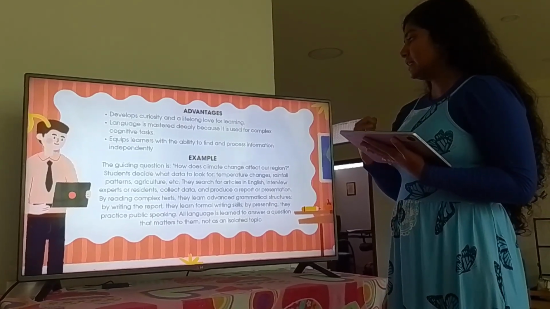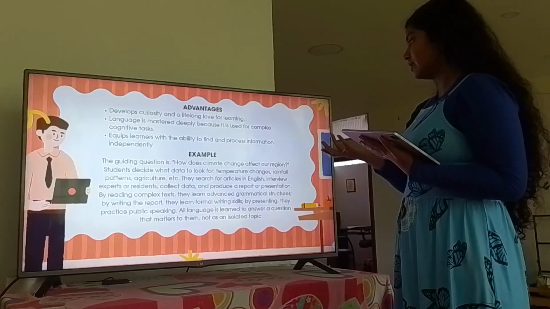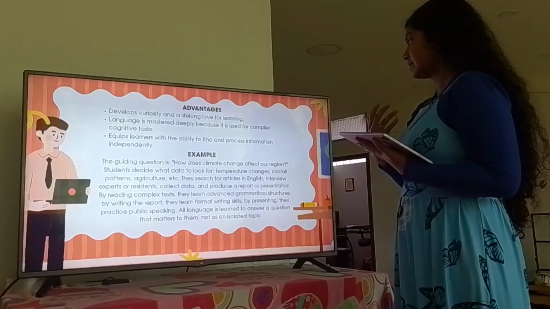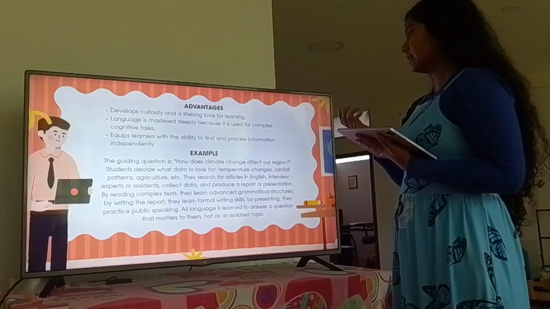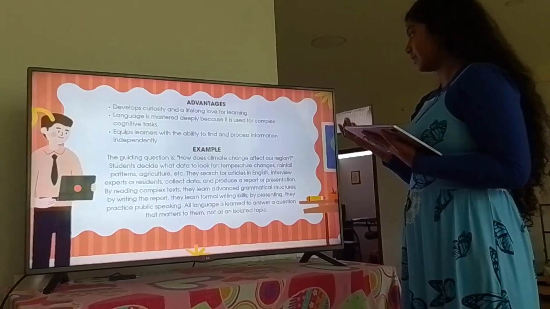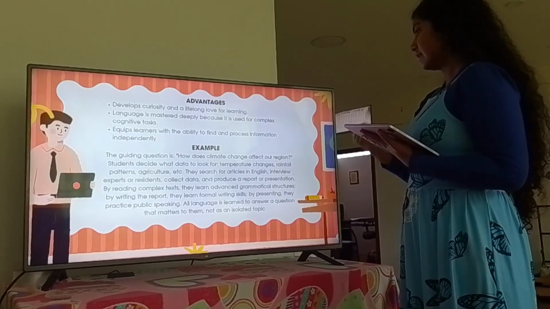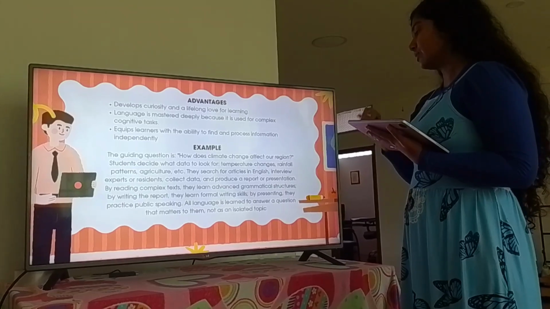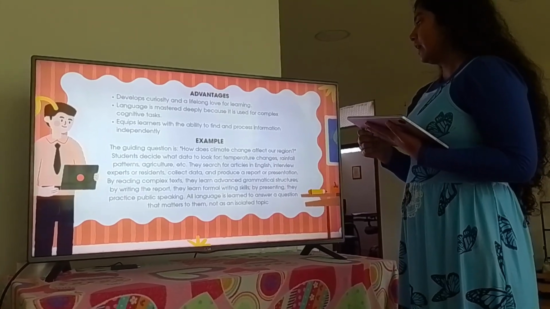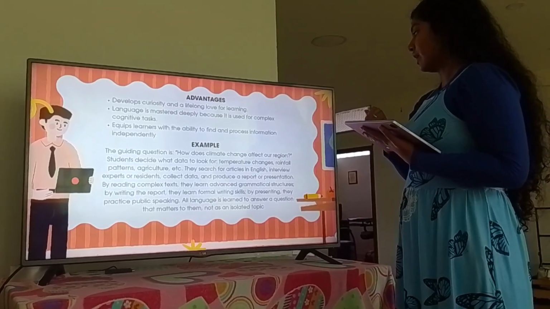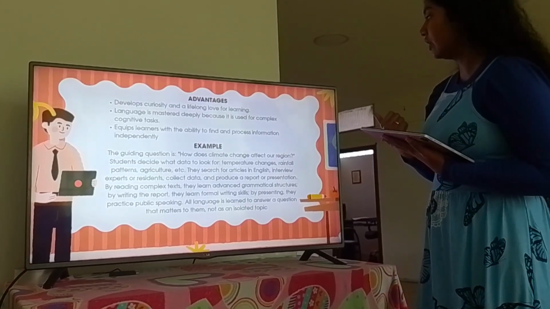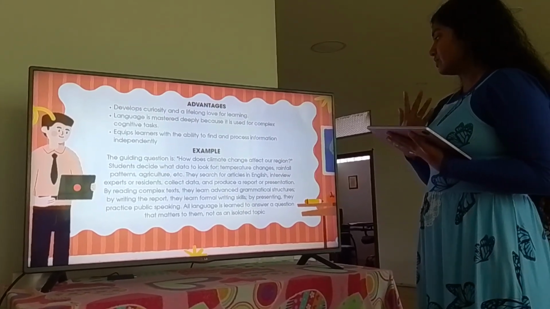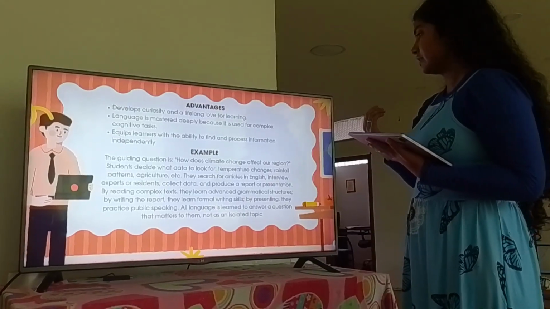Example. The given question is: how does climate change affect our region? Students decide to look for temperature change, rainfall patterns, agriculture, etc. They search for articles in English, interview experts or residents, collect data, and produce a report or presentation.